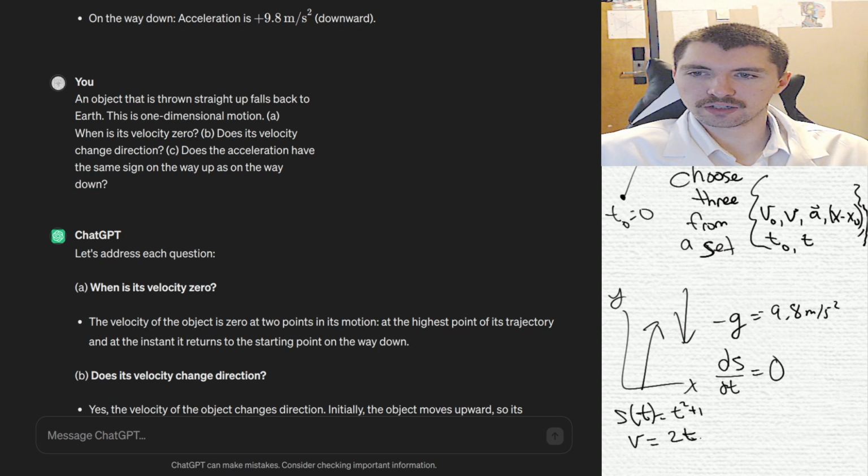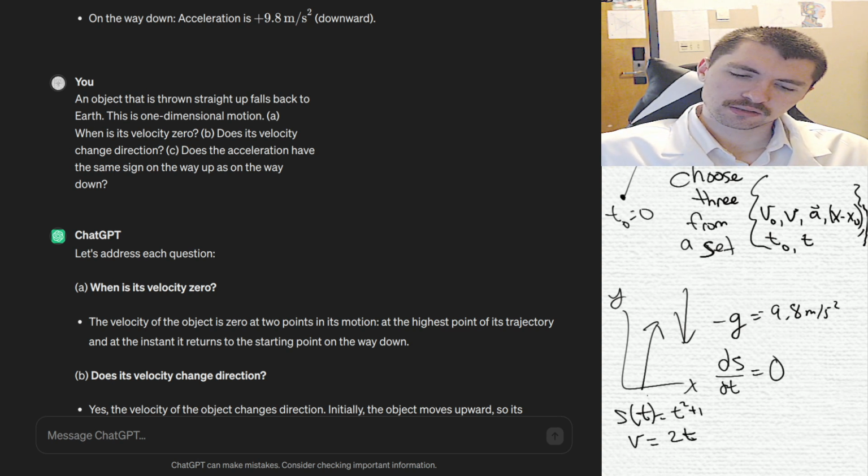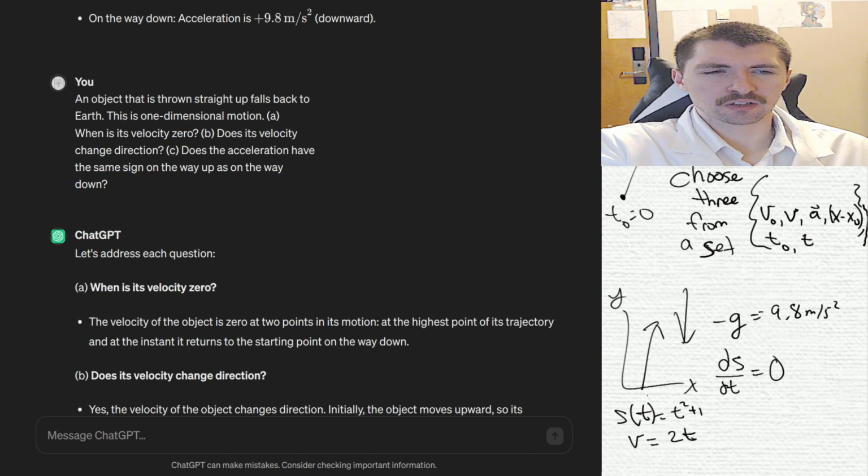So velocity is 0 when t is 0. Plus 1. No. I don't know if that's right either.